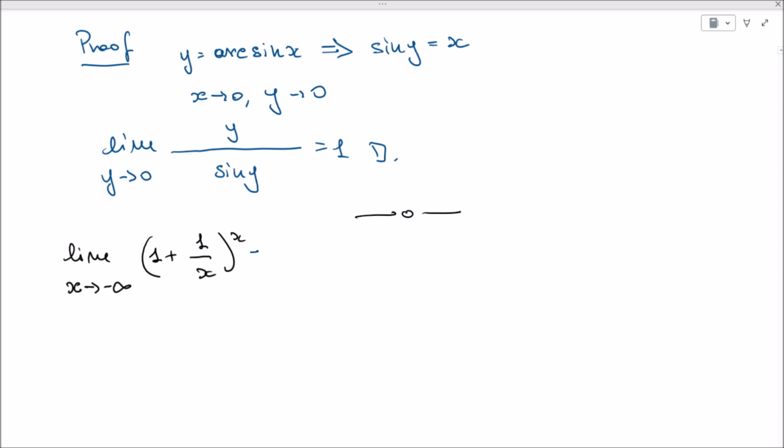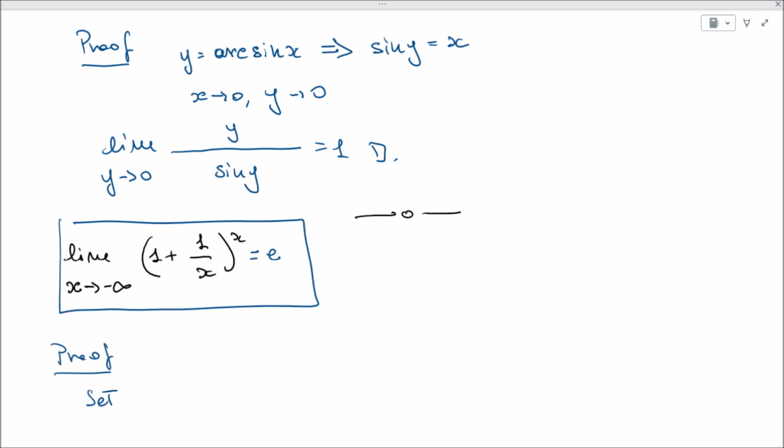Now, we can make use of the previous limit by setting, okay, if we set y equal to minus x, well, that implies that when x goes to minus infinity, we have that y goes to plus infinity, which is good because it is somehow getting closer to the previous limit.